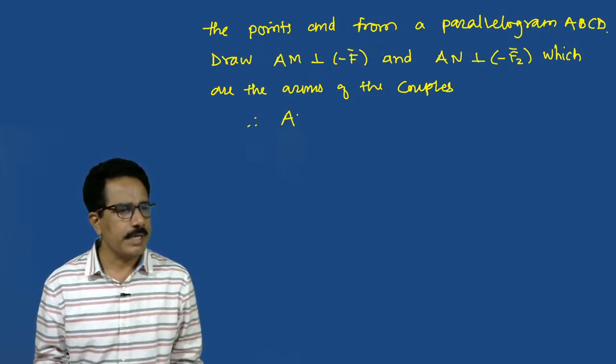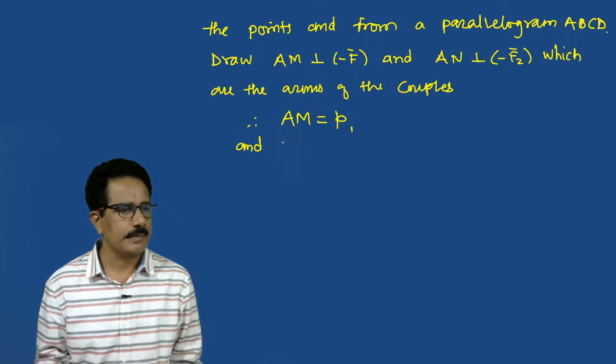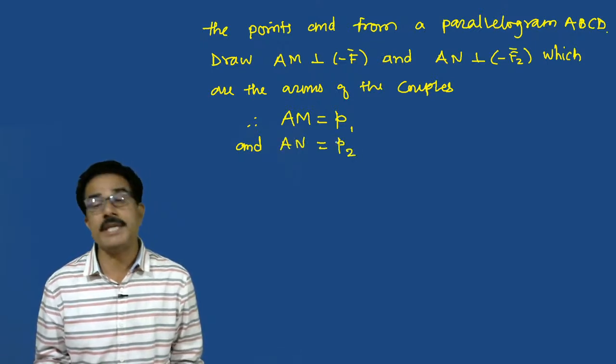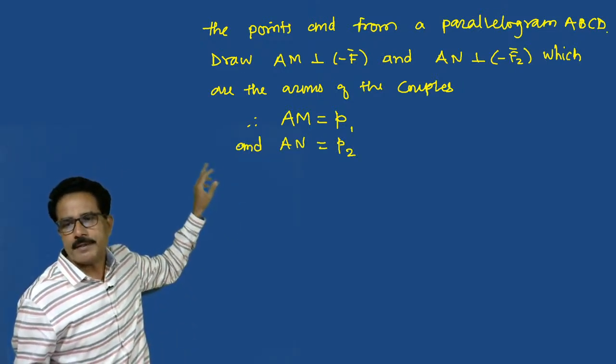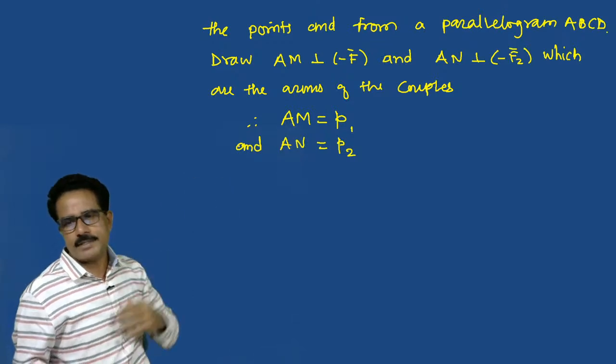Therefore, AM is equal to P1 and AN is equal to P2. P1 is the arm of a first couple, P2 is the arm of a second couple.